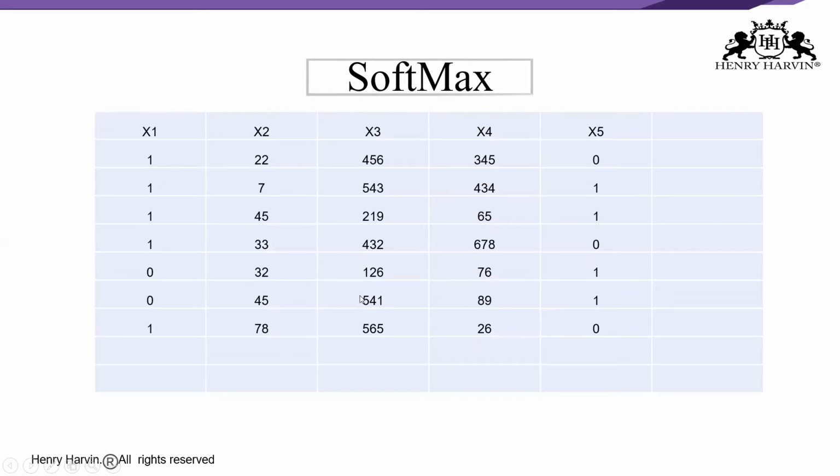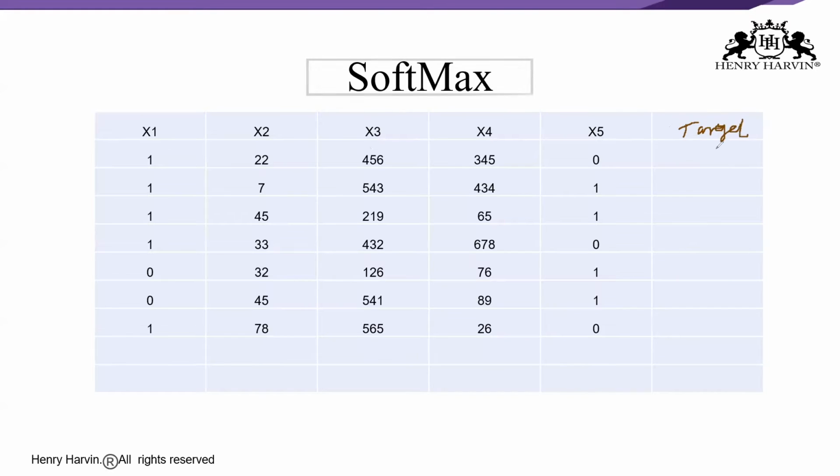Now just think that we have this data set. I have 5 features, x1, x2, x3, x4 and x5, and let me write the target over here.